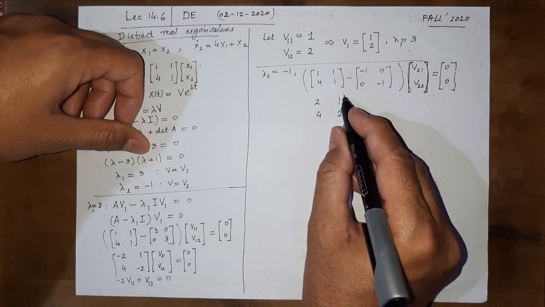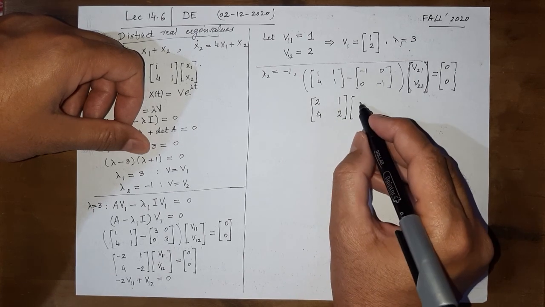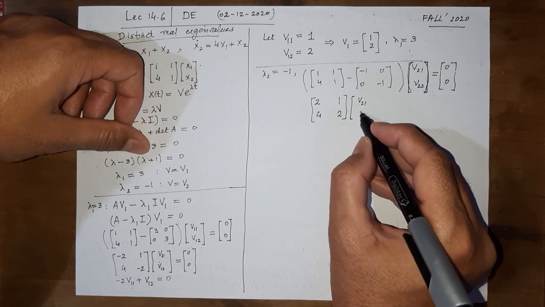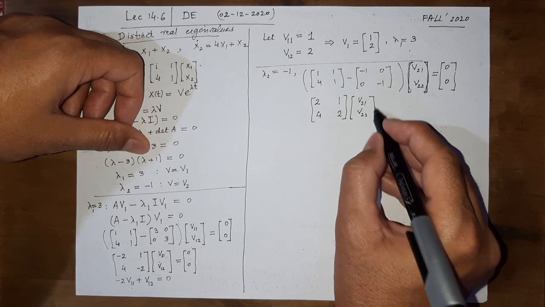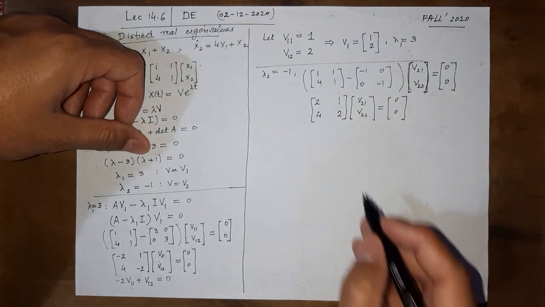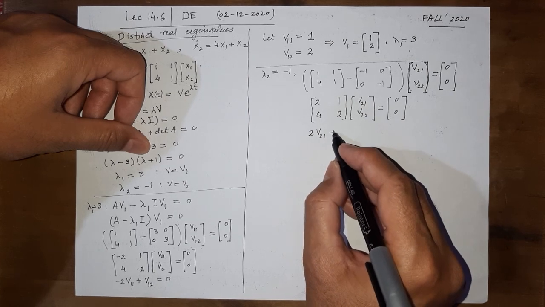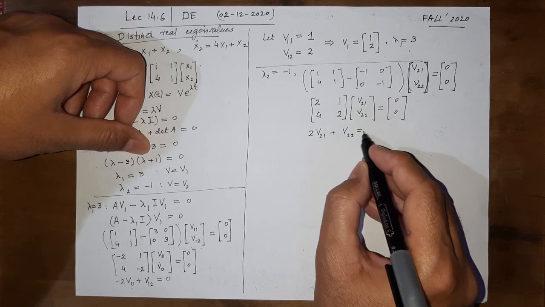Once again, you can see that the second row is a multiple of the first row, so we again cannot get two independent equations. So one equation will suffice: 2v21 plus v22 is equal to 0.